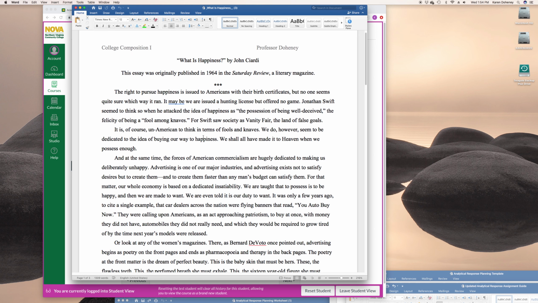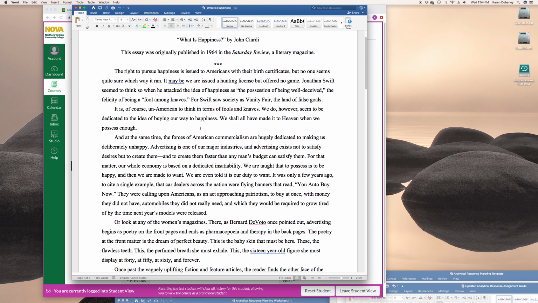But I'm going to show you the first major idea. So What is Happiness is an argument of definition, and we use arguments of definition all the time in modern times, because we sometimes think the way we have understood an idea, like happiness or something else, is not the way we should continue to understand it.